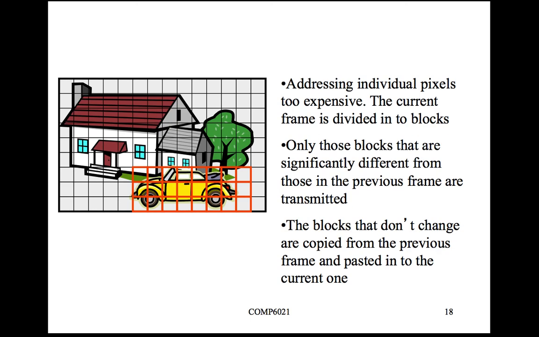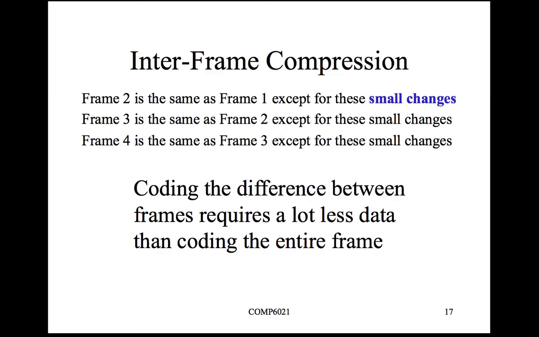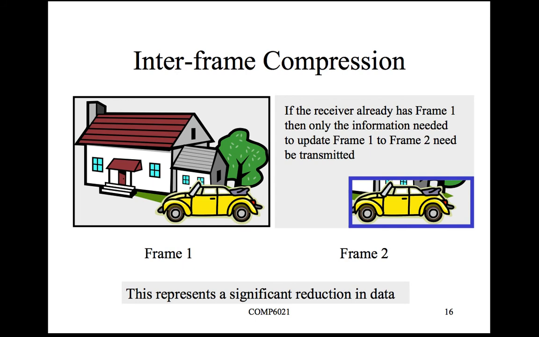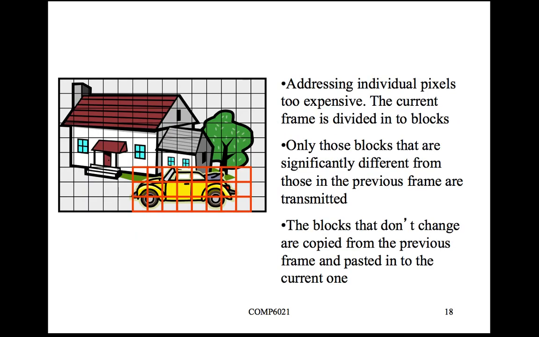Now, if you're saying to the receiver, look, here are the parts that are the same and here are the parts that are different, to actually address individual pixels would be too expensive. To say, you know, pixel 17,934,000, that's changed. By the time you would address the pixels, you'd have sent the information.